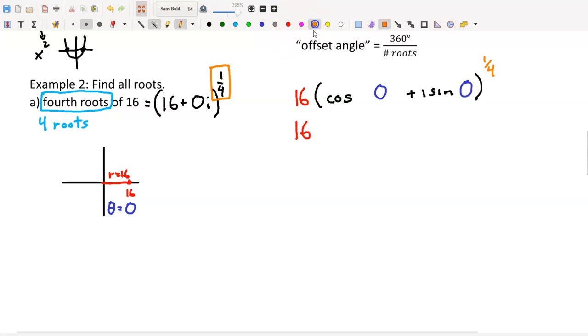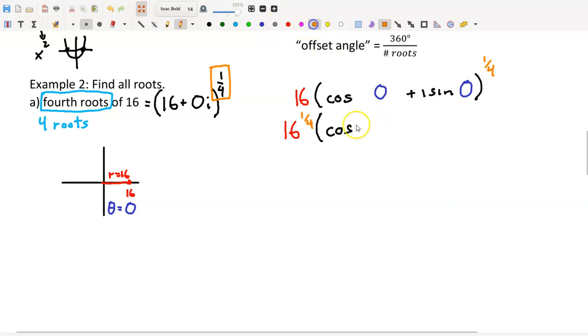So we got 16 to the 1/4, and then we'll have cosine. And there's not a whole lot going on here because we're just multiplying everything by 0.